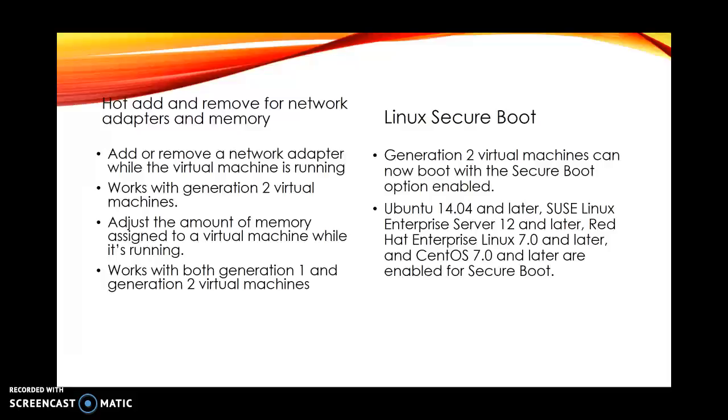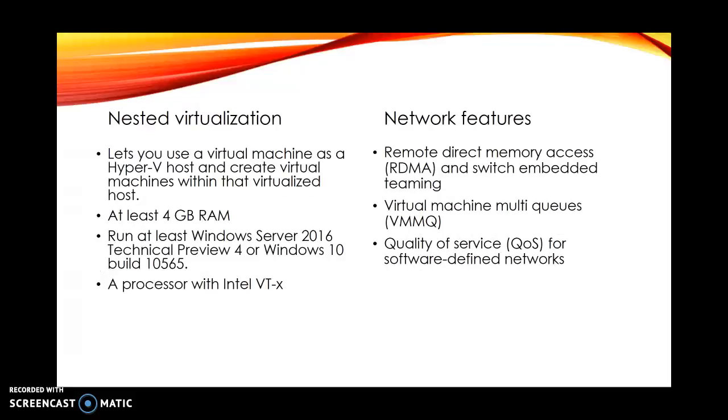The nested virtualization feature lets you use a virtual machine as a Hyper-V host to create virtual machines within that virtualized host. This can be especially useful for development and testing environments.